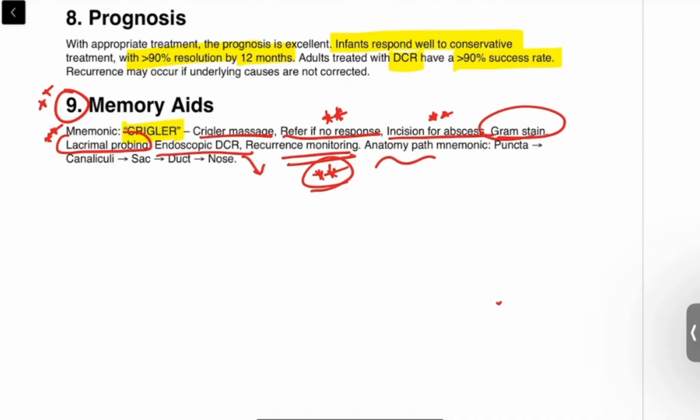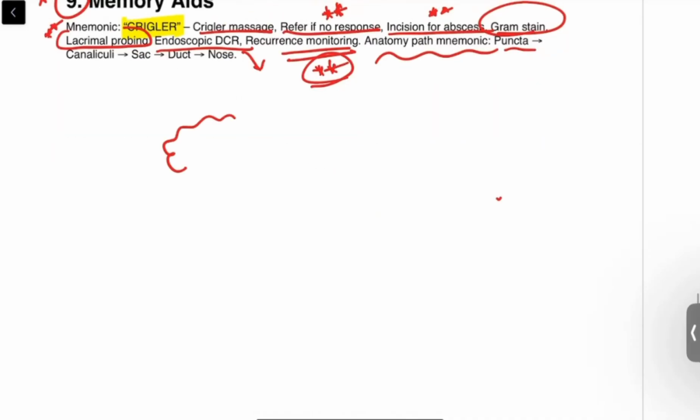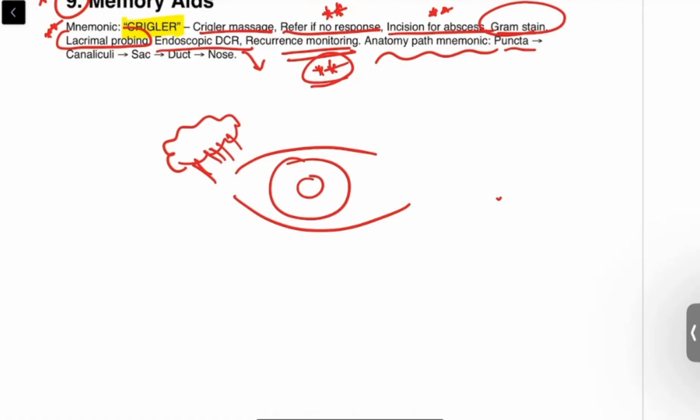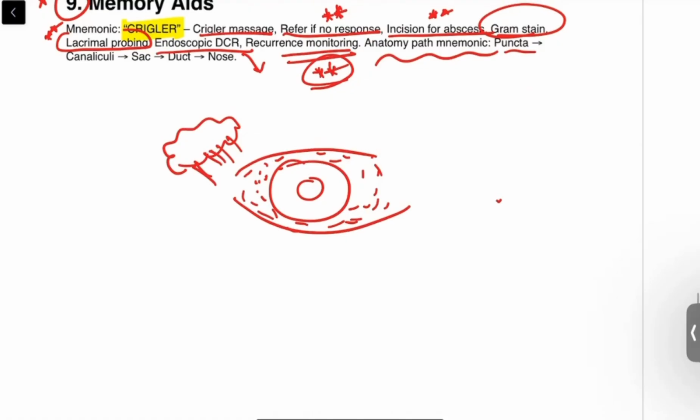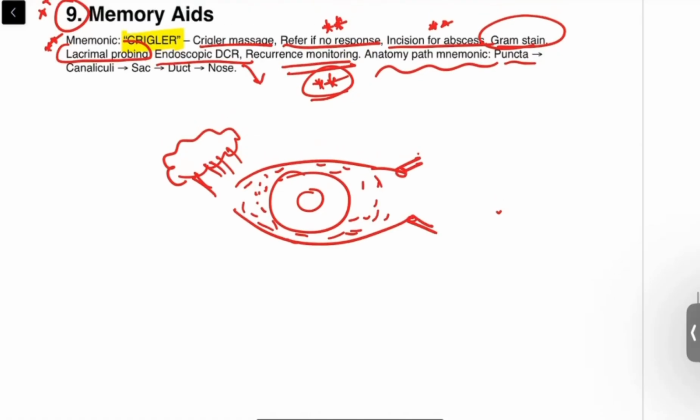And the anatomy path can be remembered: there is a lacrimal gland, then it opens into the eye with various ducts, and then once we blink, the entire tear film will spread, and then it opens into the upper and lower puncta, which eventually open into canaliculi.